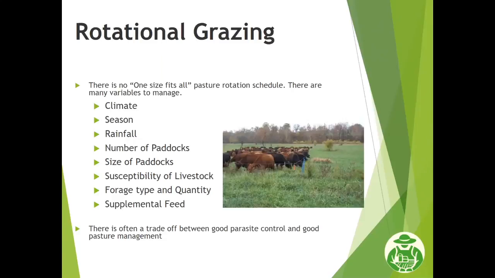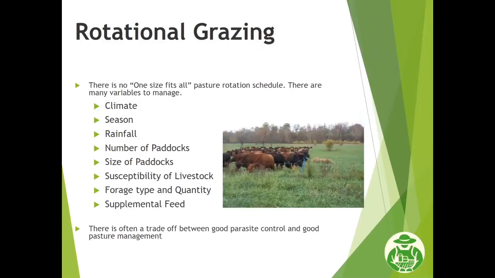There are lots of variables included, including climate, your seasons, and your rainfall amount. I know North Idaho has a lot more rainfall than we do here in Southern Idaho. Others are how many paddocks you have room for on your property, how susceptible your livestock are to a grazing system, what kind of forage you have available and the quantity, and the supplemental feed you have available with your enterprise as well.